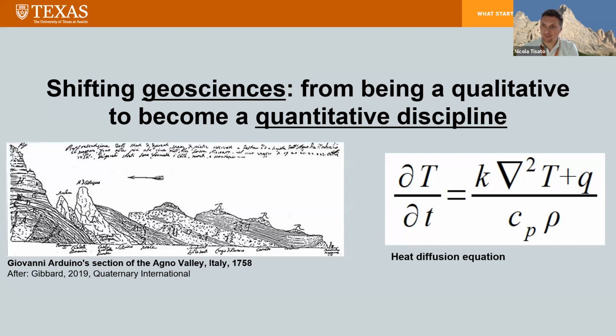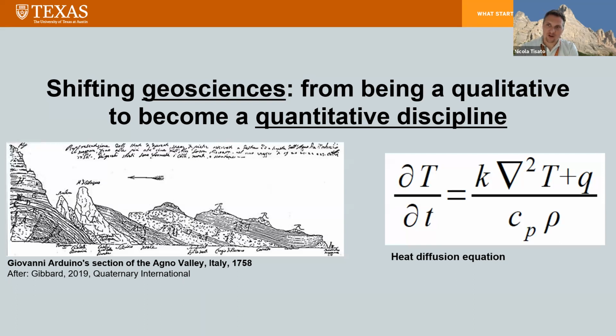Here we have an example of a qualitative description of a sedimentary sequence in Italy from the 18th century. And on the right-hand side, we have a differential equation which describes the heat diffusion in a material.